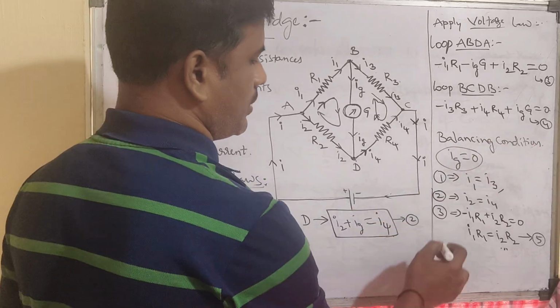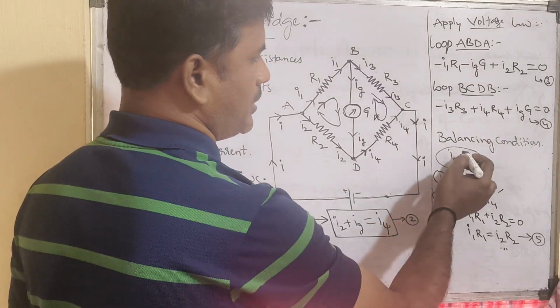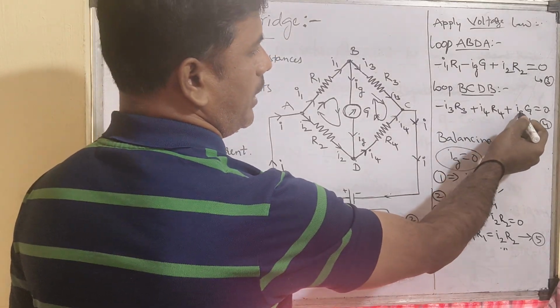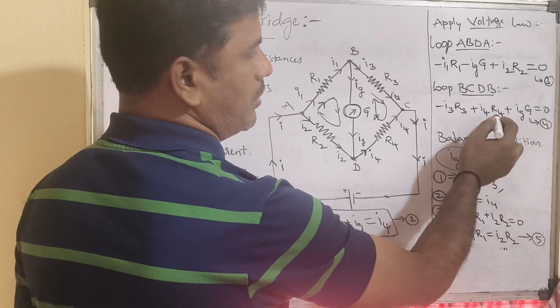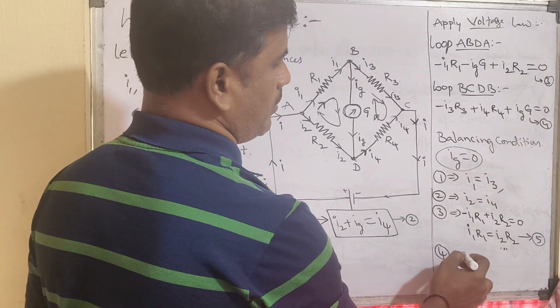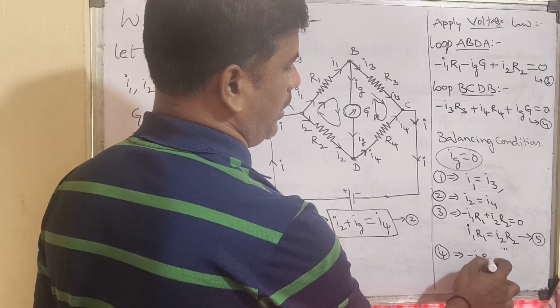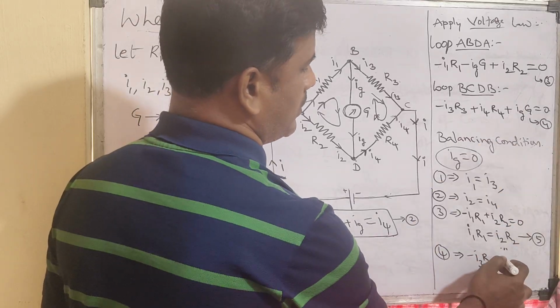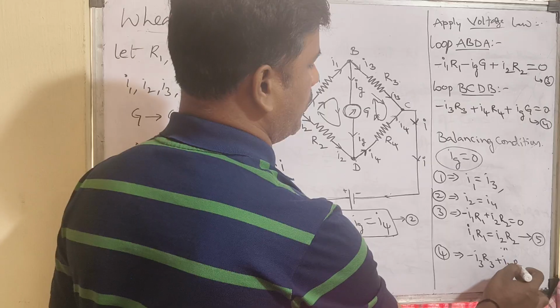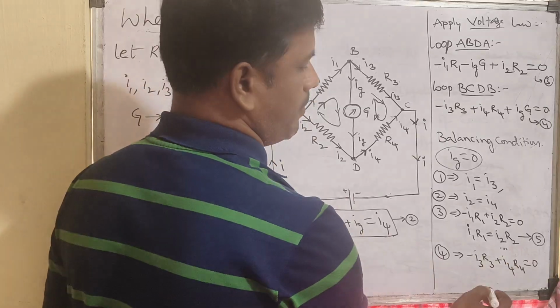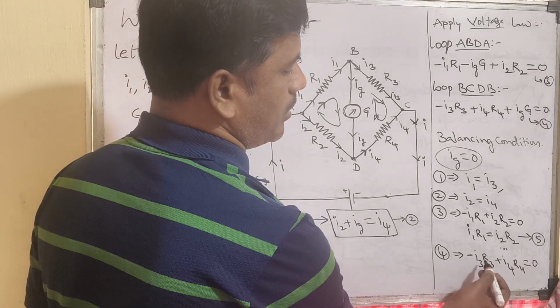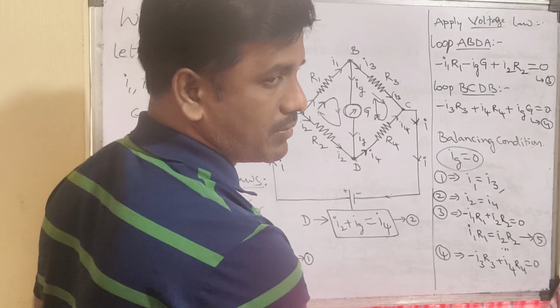Next, the fourth equation. When Ig equal to 0, substitute here. 0 and anything is 0. So what remains is minus I3 R3 plus I4 R4 equal to 0. Moving that term to the other side, plus will come.